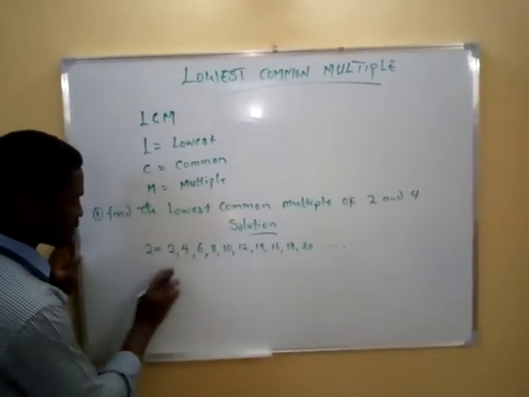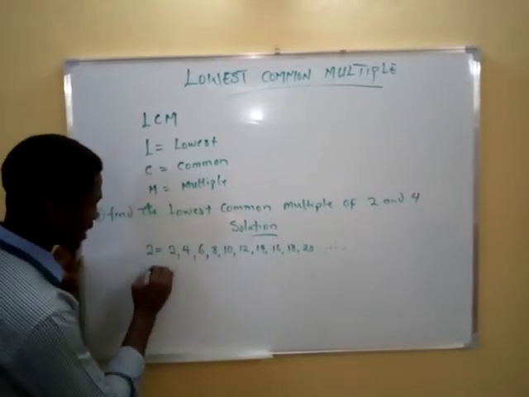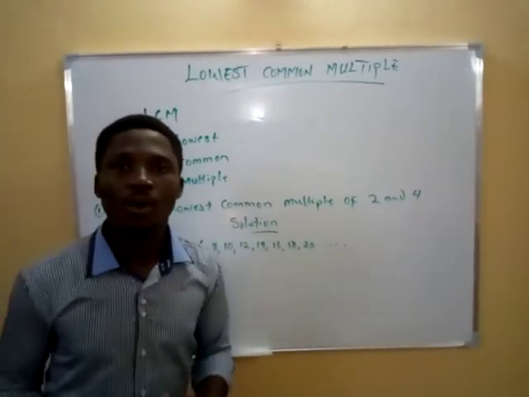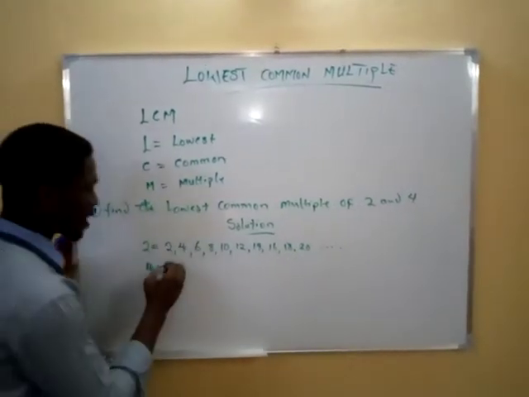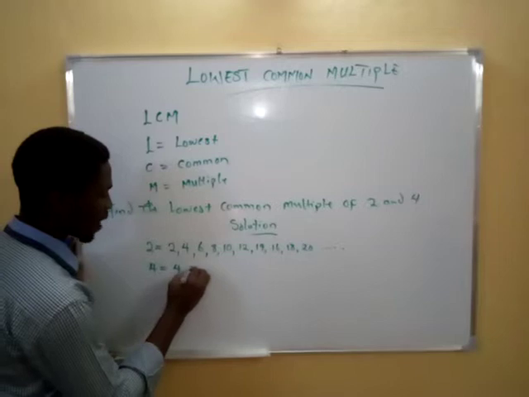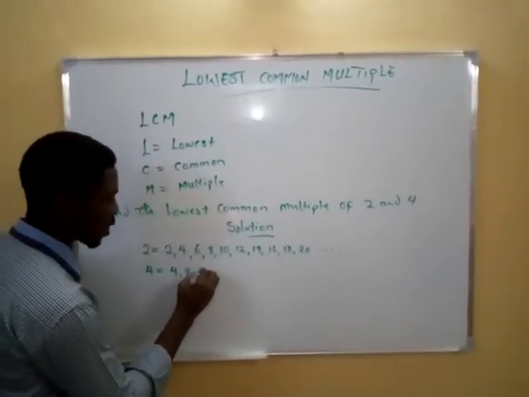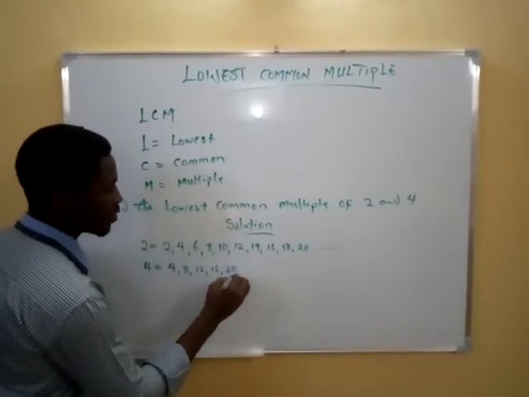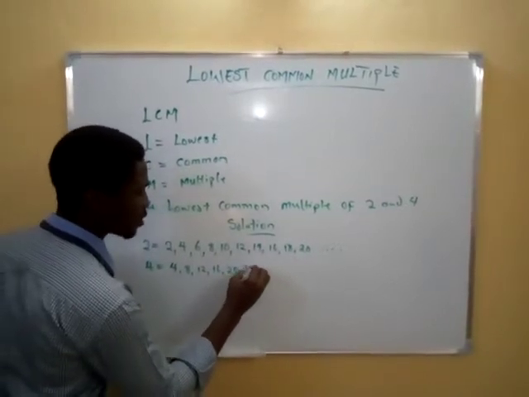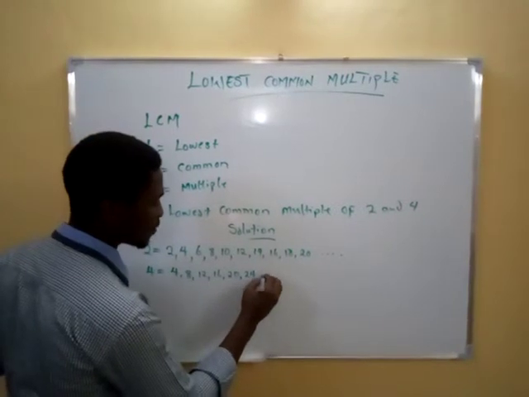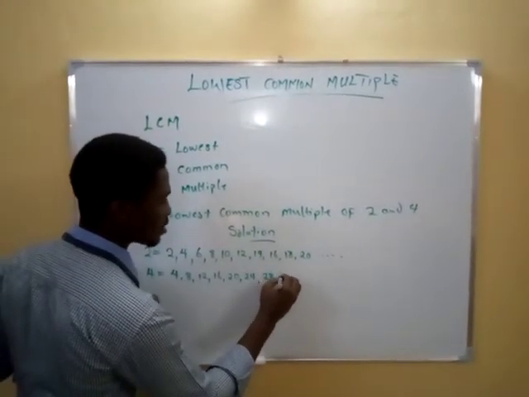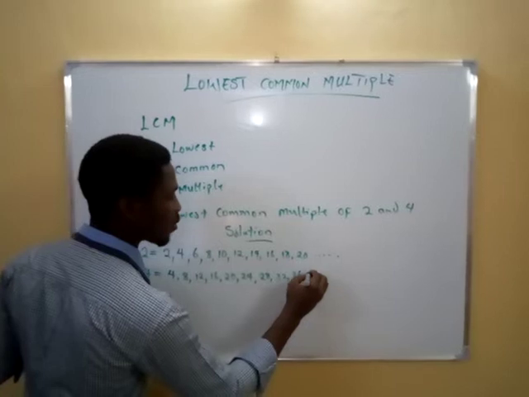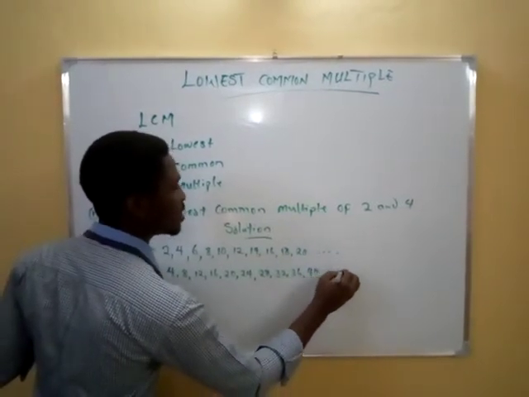Our second number, 4. So we go across the series finding the products of 4 by its multiples. 4 times 1, we have 4. 4 times 2, we have 8. 4 times 3, we have 12. 4 times 4, we have 16. 4 times 5, we have 20. 4 times 6, we have 24. 4 times 7, we have 28. 4 times 8, we have 32. 4 times 9, we have 36. 4 times 10, we have 40, till infinity.